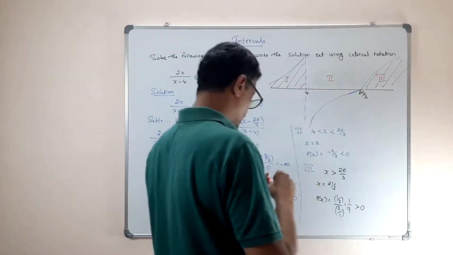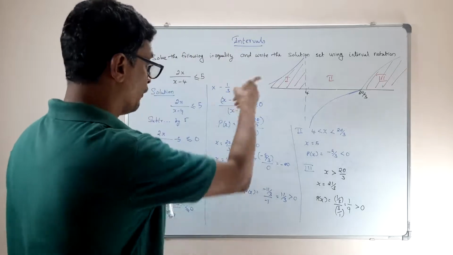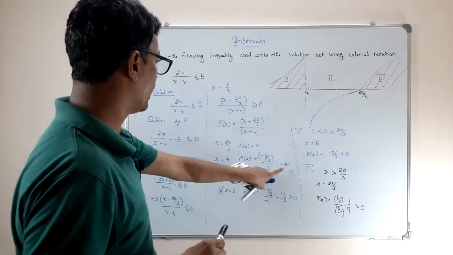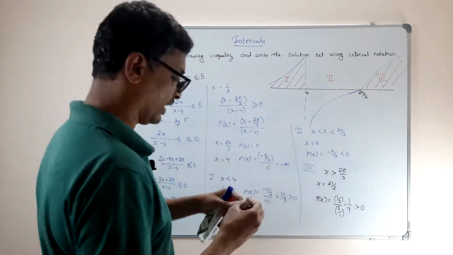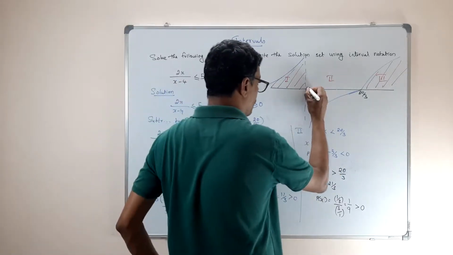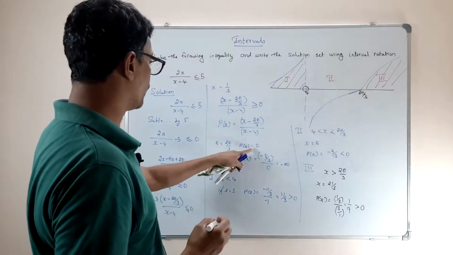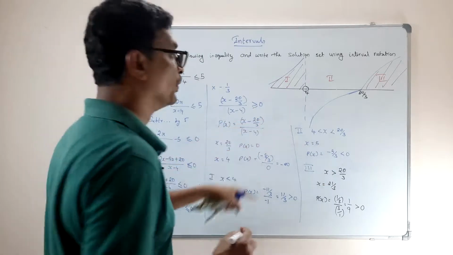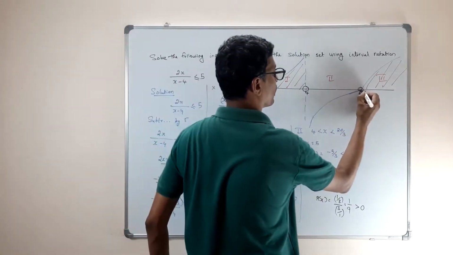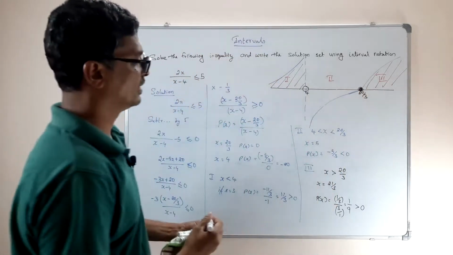Now find out the intervals, closed and open intervals. When it is 4, minus infinity, open, correct? So this is open. What about 20 by 3? 20 by 3 is equal to 0? Yes, of course, equal to 0. So this will be closed.